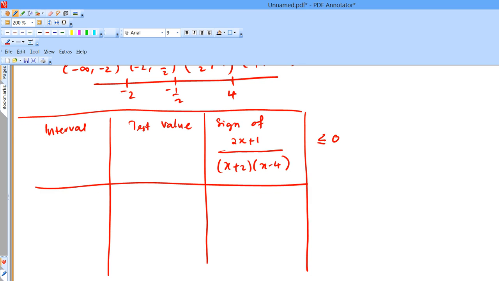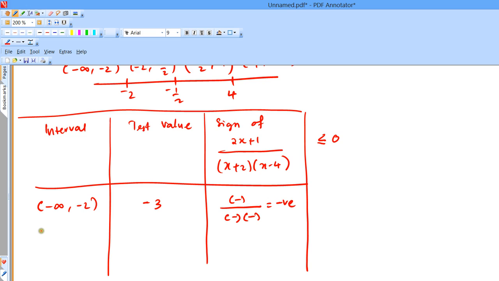For the first interval, negative infinity to -2, you can choose test value x equal to -3, and then substitute. The numerator is negative, the denominator is negative times negative, so the result is a negative sign.